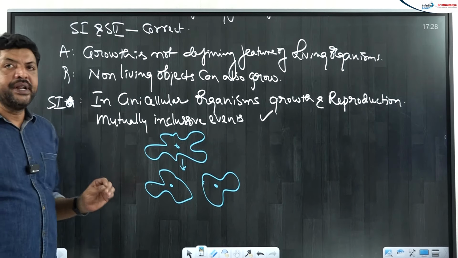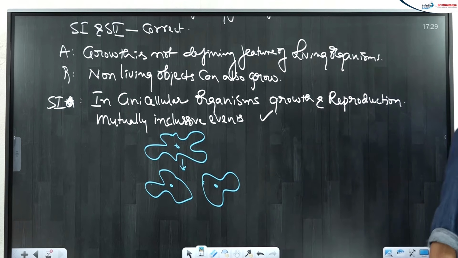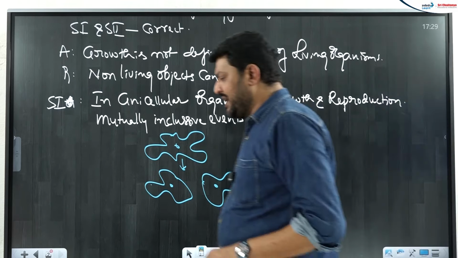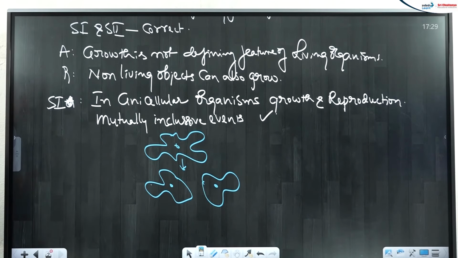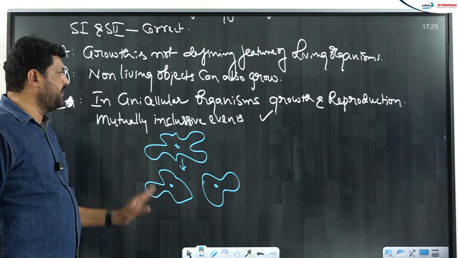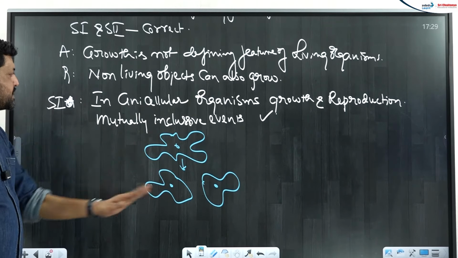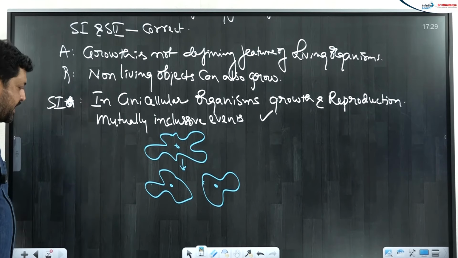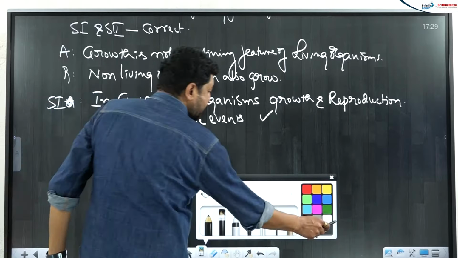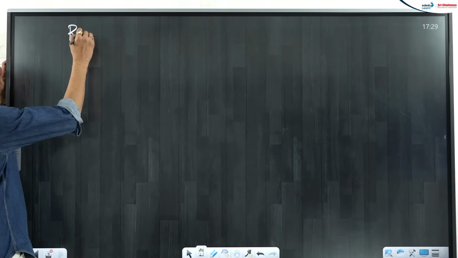So in all unicellular organisms which undergo binary fission, students do remember amoeba, bacteria, paramecium, euglenoids undergo binary fission. So whatever organisms undergo binary fission, growth and reproduction are mutually inclusive events. Means you cannot differentiate them. Clear?